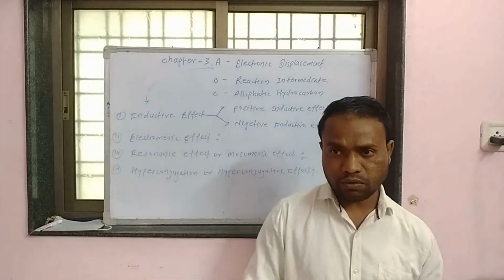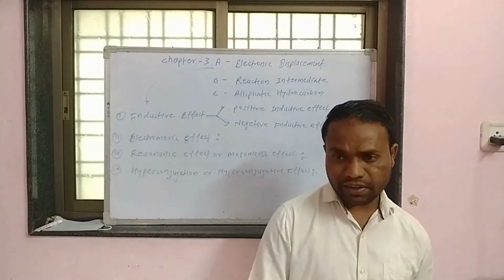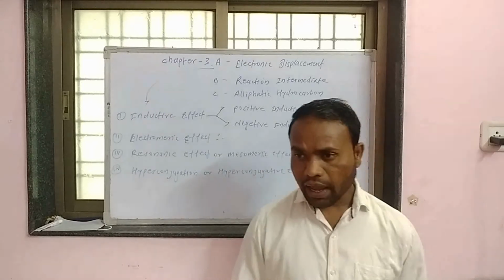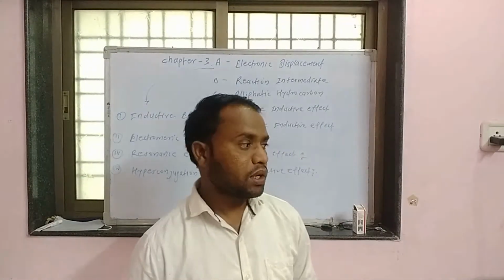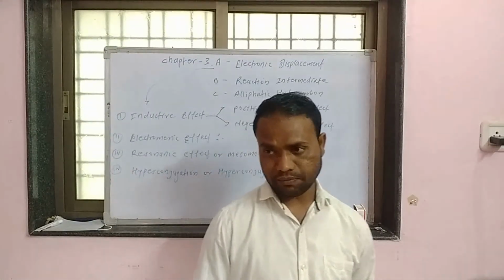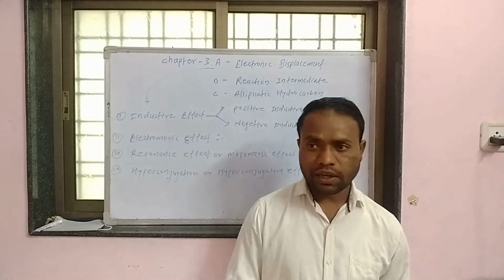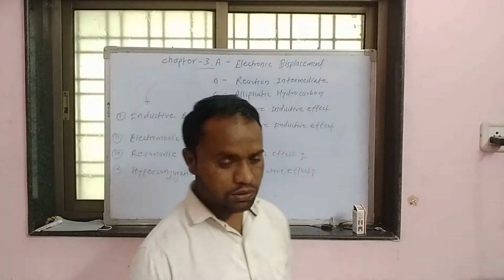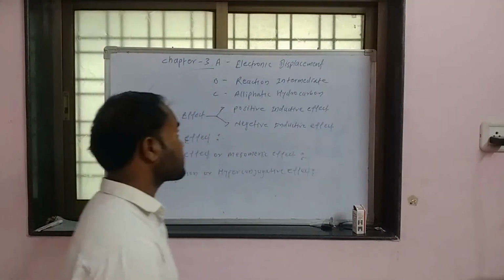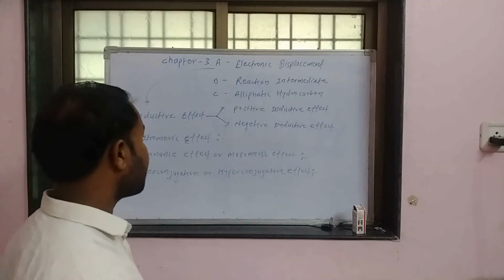Temporary effects are brought into play by the attacking reagent, and as soon as the attacking reagent is removed, the electronic displacements disappear. The electronic displacement is the most important factor for organic reactions.